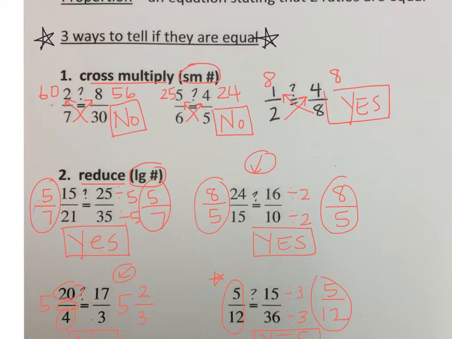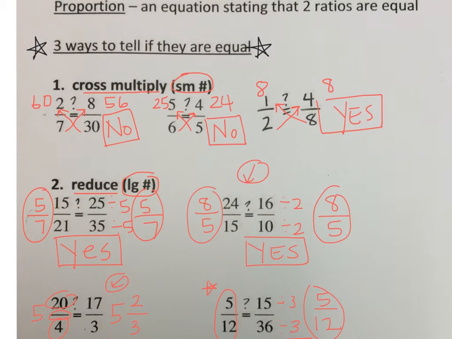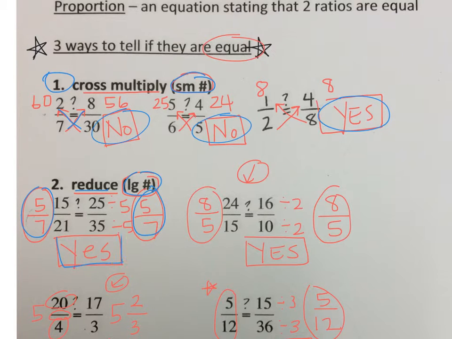So let's review. The 3 ways to tell if 2 ratios are equal and therefore form a proportion is, number 1, cross multiply, and this works with smaller numbers. See if they equal. If they do, it's a yes. If they don't, it's a no. Number 2, reduce, and this works with larger numbers. If both fractions reduce to the same smaller fraction, when they're all the way reduced, then yes, they form a proportion.